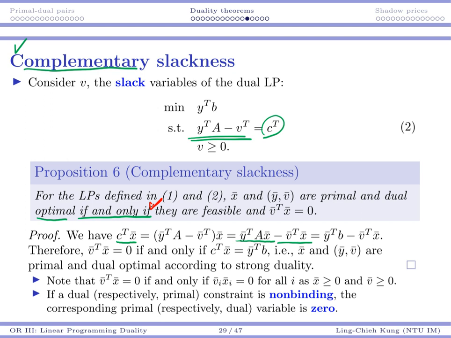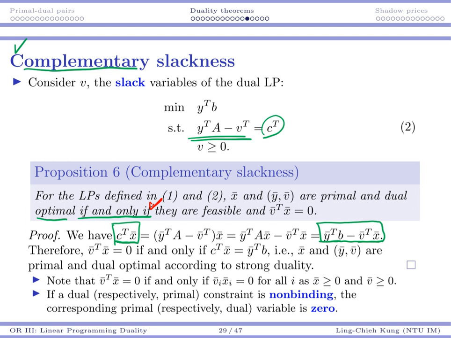So you have these two parts. We know A X bar is B, because X bar is feasible. And V bar transpose X bar is still here. So we have that C transpose X bar equals Y bar transpose B minus V bar transpose X bar.